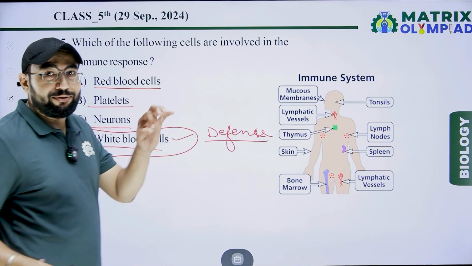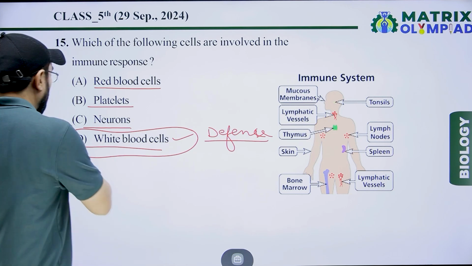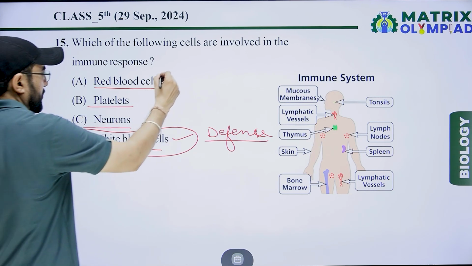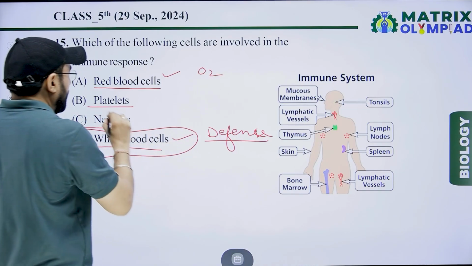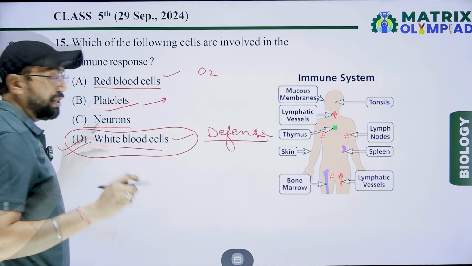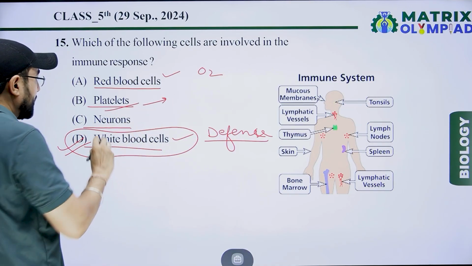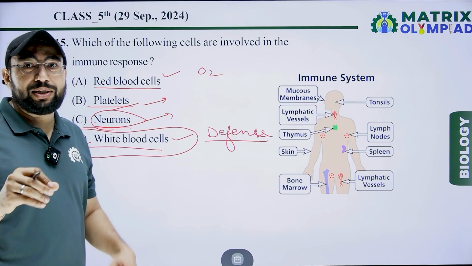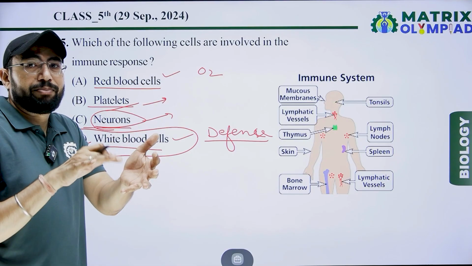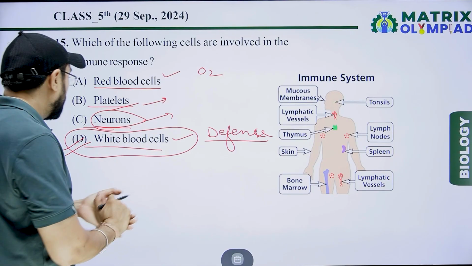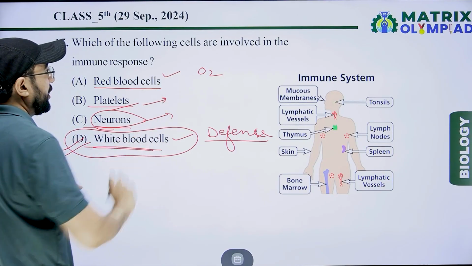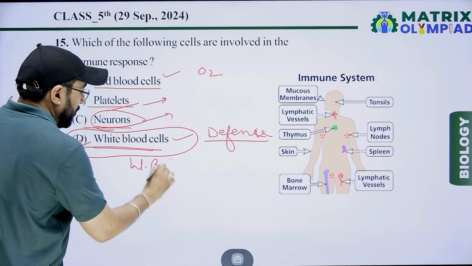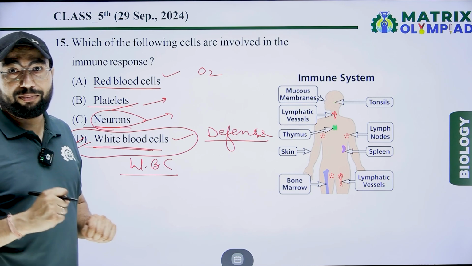So our right answer for this question is option D. Because RBC helps in carrying oxygen, platelets help in clot formation, and neurons carry stimulus and transport impulses to the target site. So our right answer related to the immune response is WBC. These are called soldiers of the body.